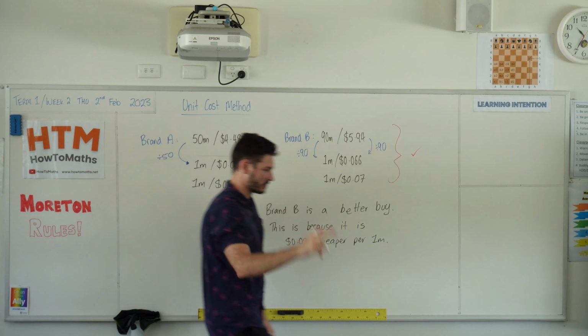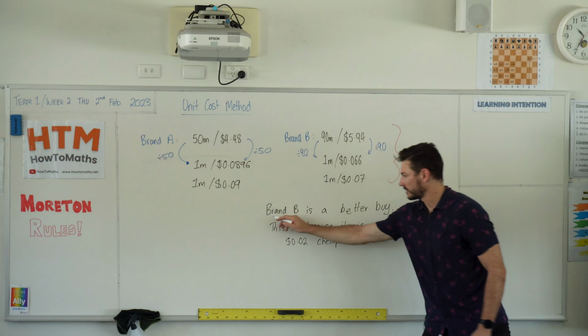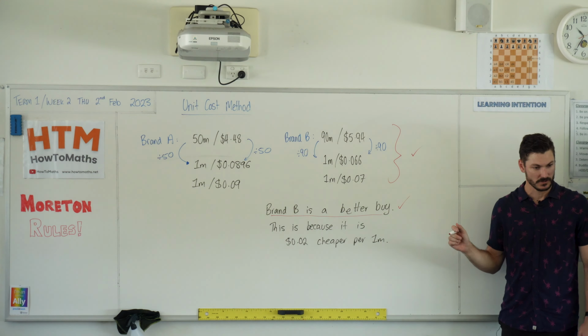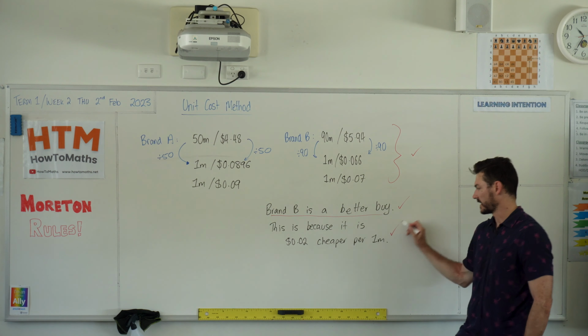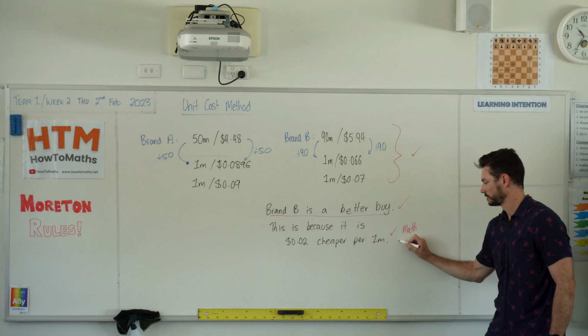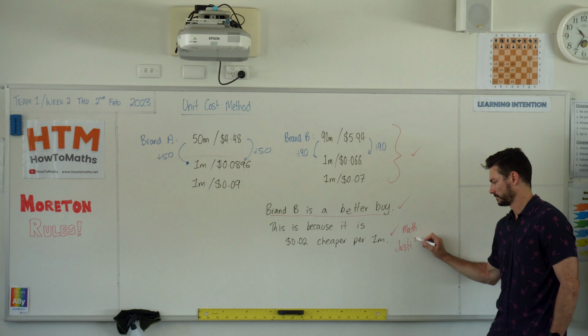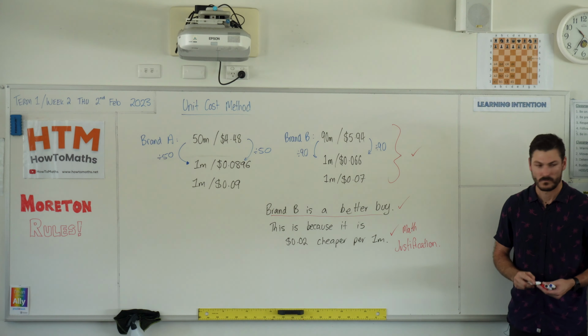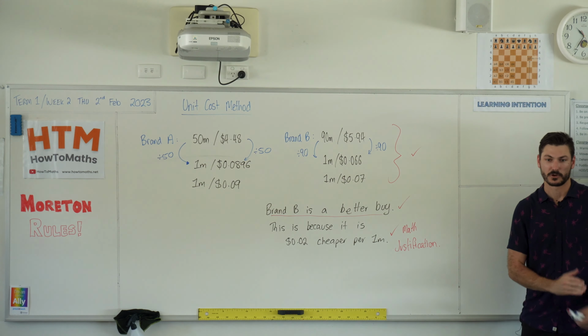For this question, what are the two things? What's the better buy? That's the mark there for actually answering the question. And this part here is a tick as well. This is my mathematical justification. All three things get you a mark each.